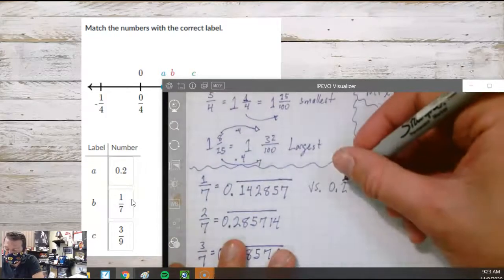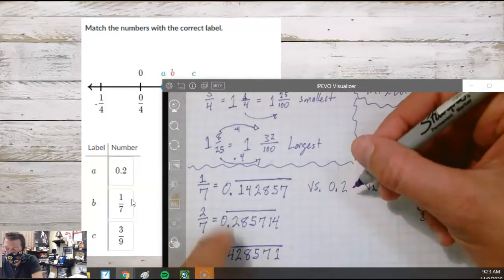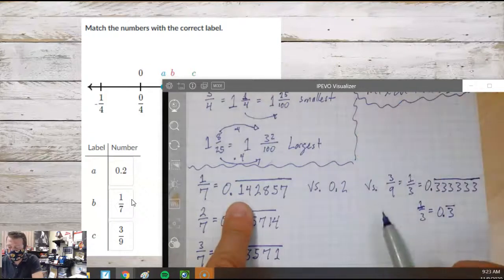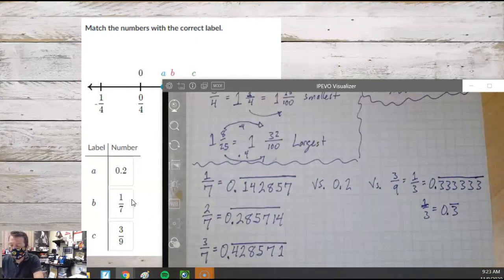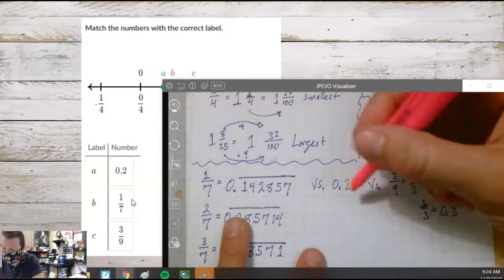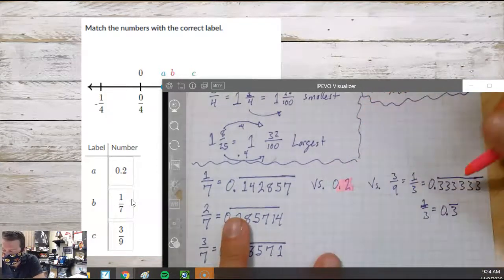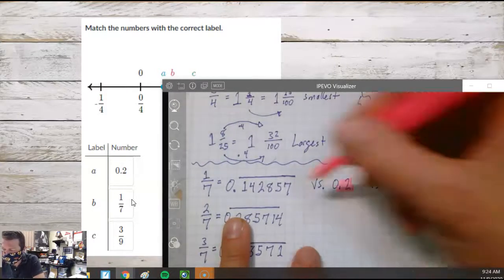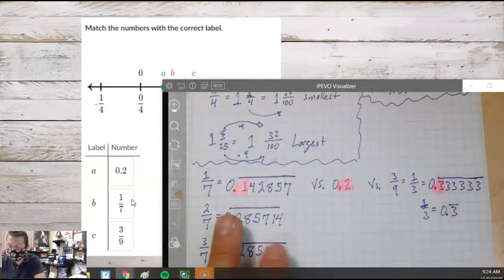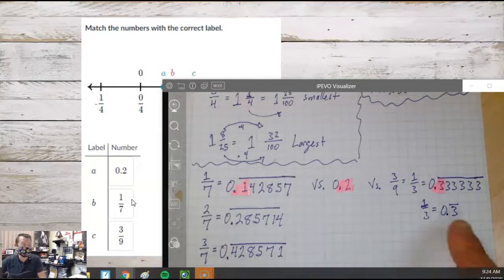So, hold up, we've got 0.2, 0.142857, and 0.3. All we really need to do here is compare the tenths places, right? If we're trying to order them, we've got 2 in the tenths place, 3 in the tenths place, and a 1 in the tenths place. We can actually really just order these pretty easily, right?